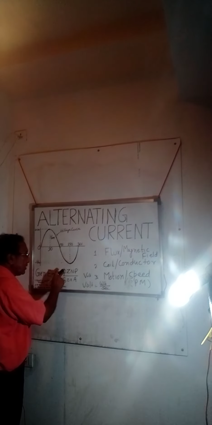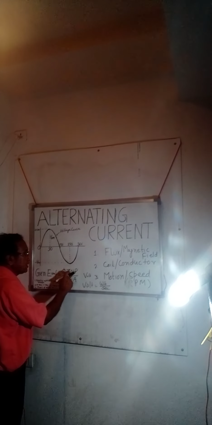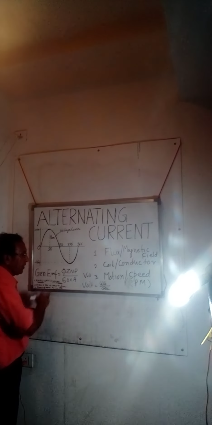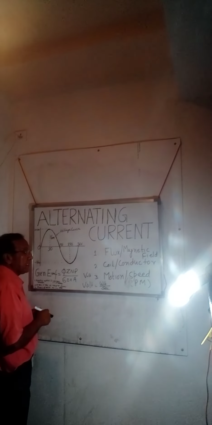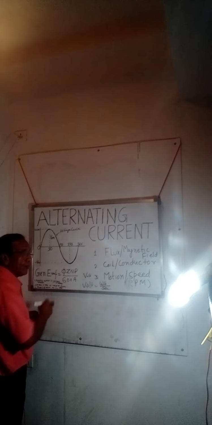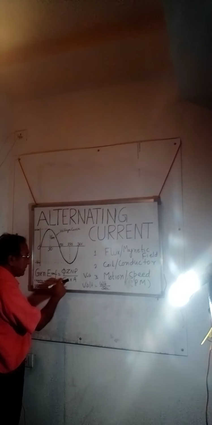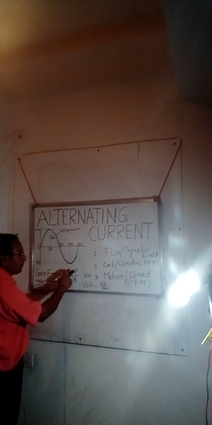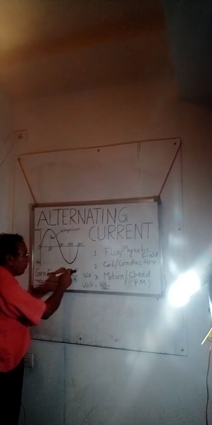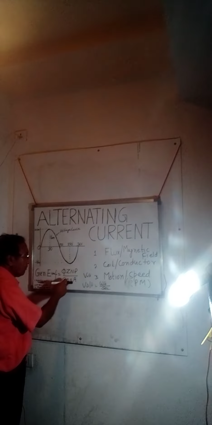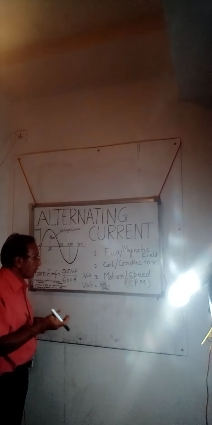Phi is the flux in Weber, Z is the total number of conductors, N is the RPM, revolutions per minute, P is the number of poles, and A is the number of parallel paths of the conductor. The 60 is there because RPM is converted into RPS, revolutions per second. N by 60 is the RPS.